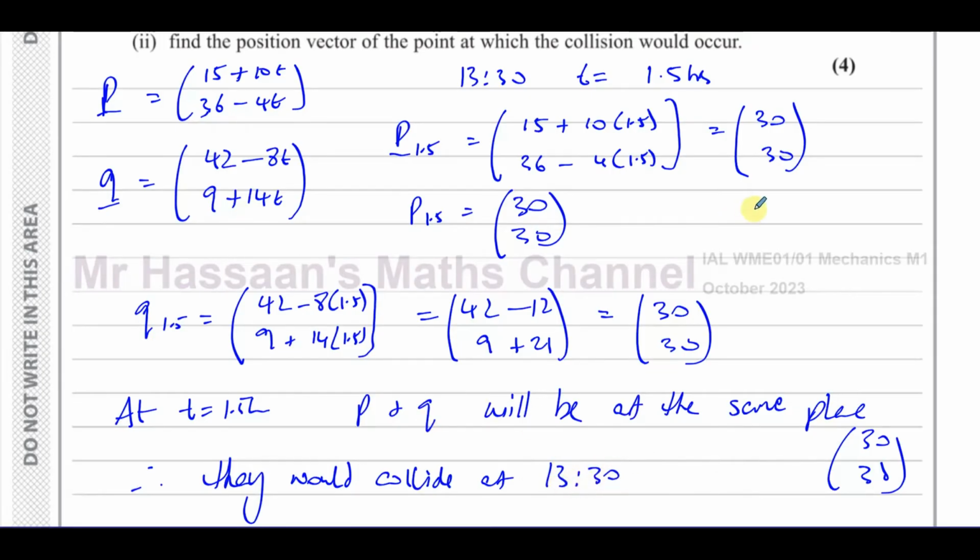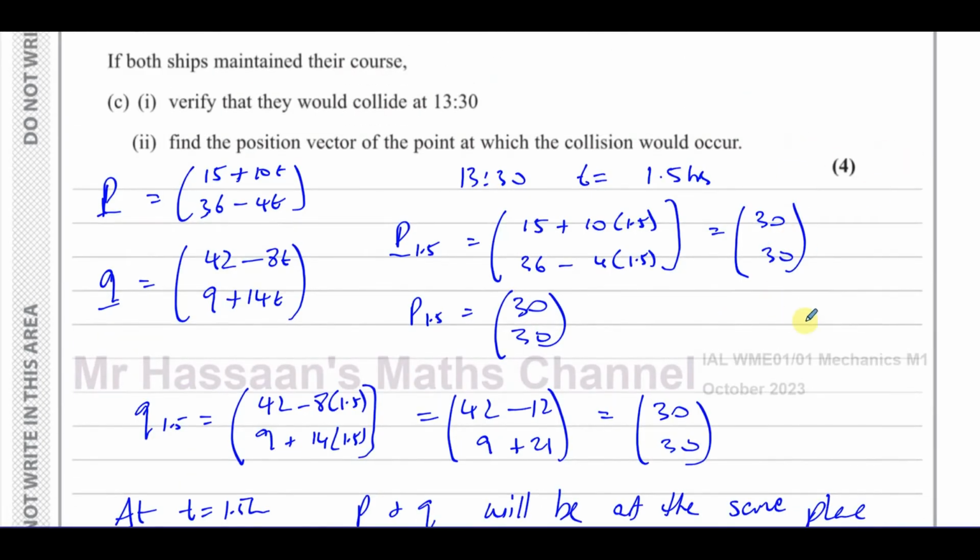So that's a nice, easy way of doing this. We could have also done it by equating the I components, and we would have got T equals 1.5. Equating the J components, we would have also got T equals 1.5. If they both give us the same value of T, then that would be the value of T at which they collide.